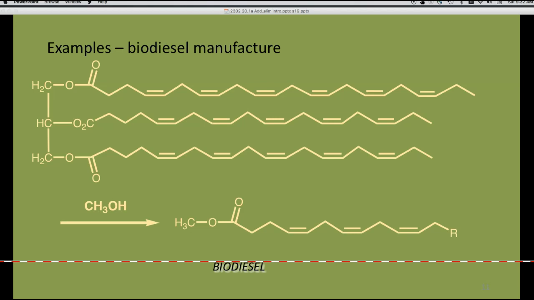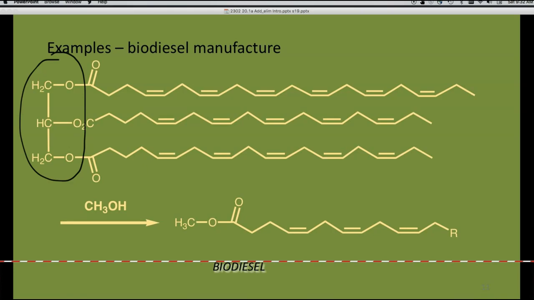And what you can see is these fatty acids have a boatload of unsaturation in them. But they're still suitable for use in making biodiesel. The point of the biodiesel here is that you're taking something that you've expressed from soybeans, or in this example, algae, or maybe seeds, nuts, things like that.